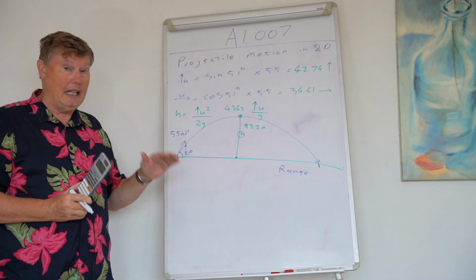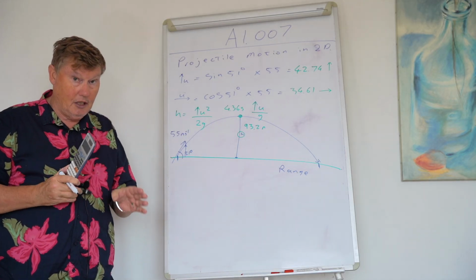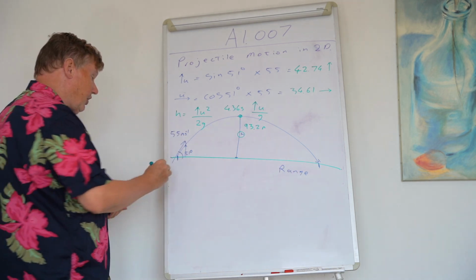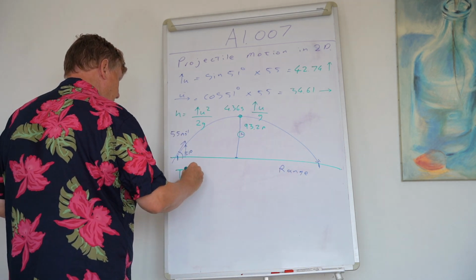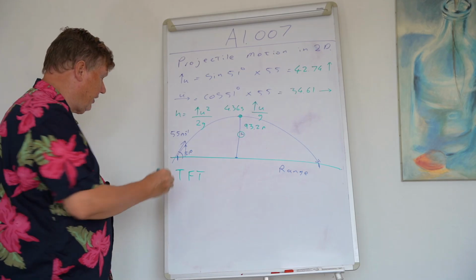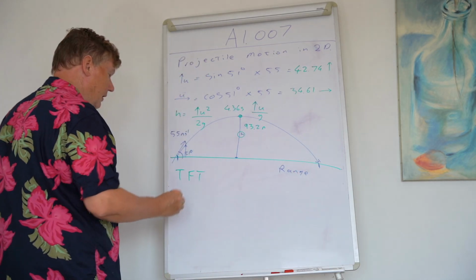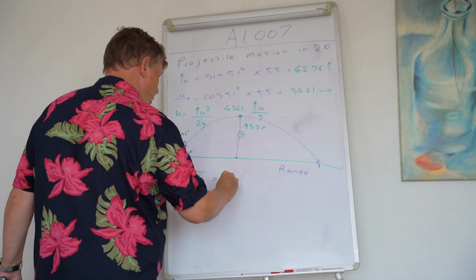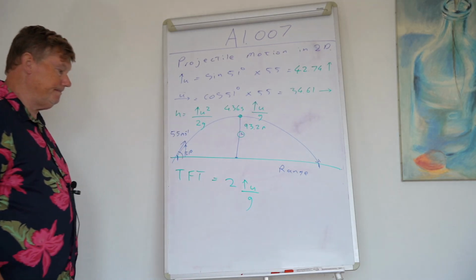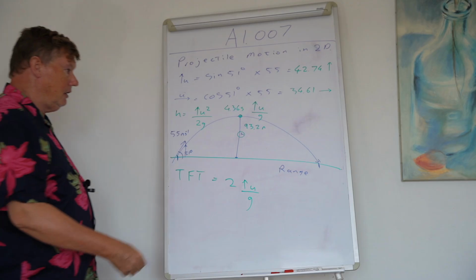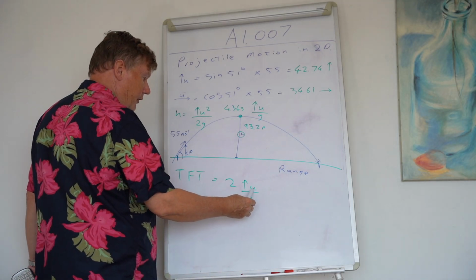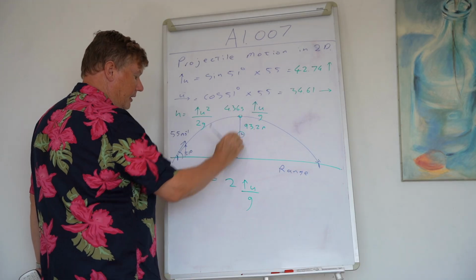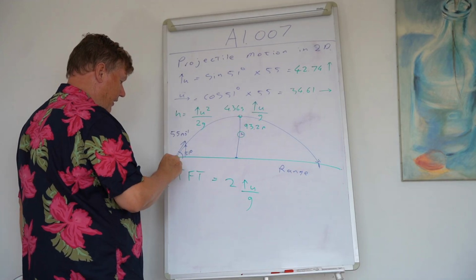If it's what we call a level ground question, which is what most questions are, these are straightforward ones. So, total flight time, TFT, the total time it takes to get from there to there, is going to equal, for a level ground question, 2 lots of initial vertical component divided by g, because that is the time up, and so it's the same to come down. And that should be learnt.